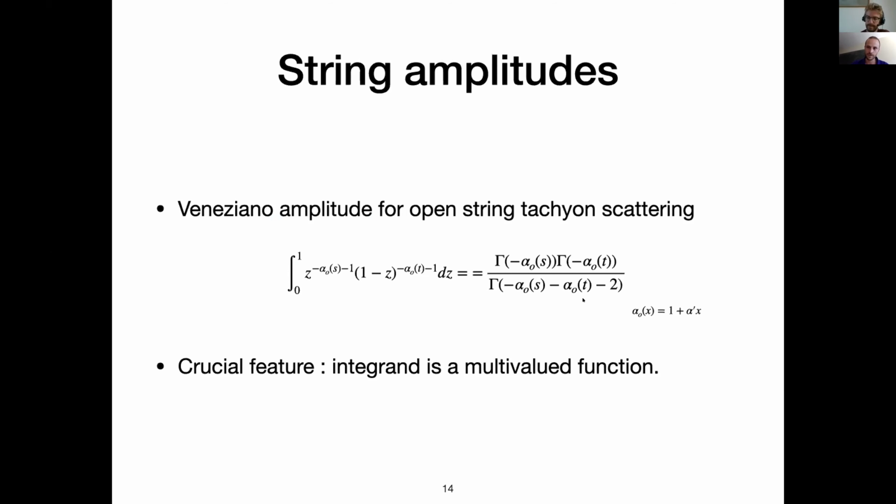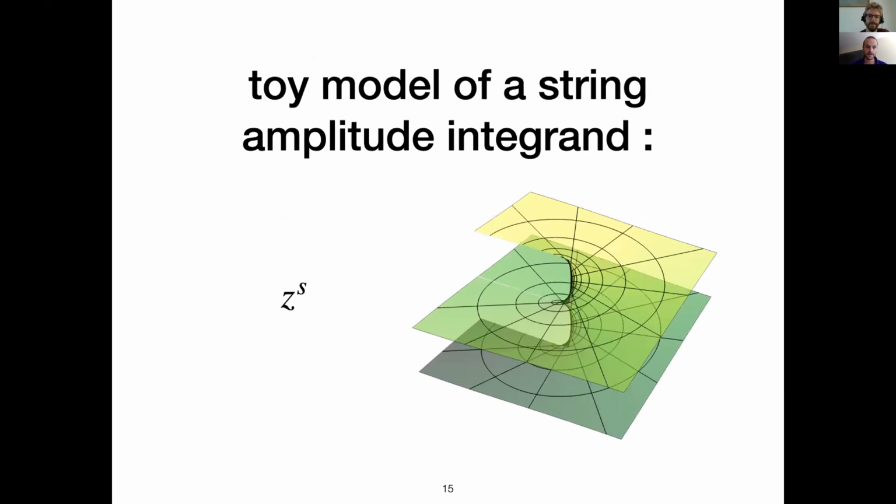And the crucial feature is that it's a multi-valued function. It has cuts all over the place, from z, from 0 and from 1. So to investigate this multi-valuedness, we're going to simplify the problem and just look at one bit of the integral, and we get rid of all this alpha prime and signs and everything. We look at this function z to the s, where s is some real number.